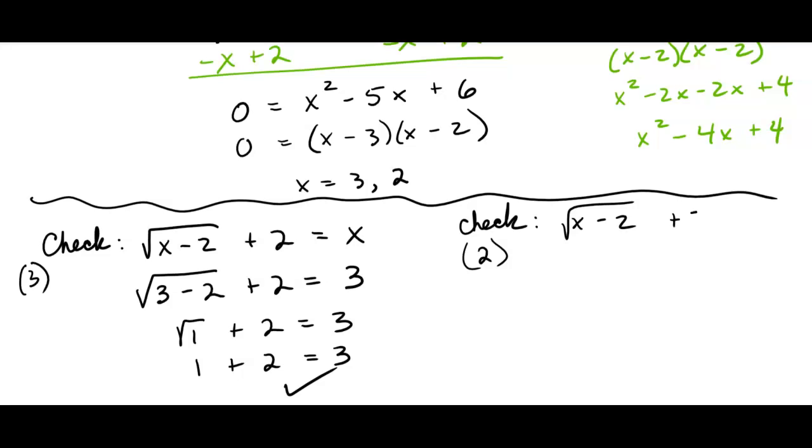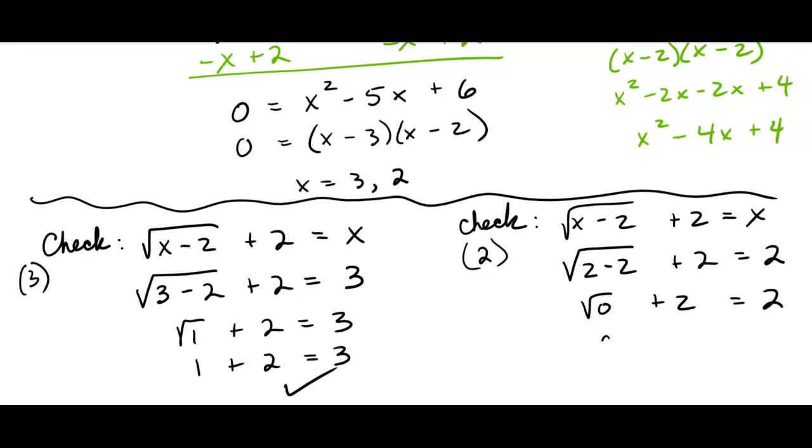So I put in 2. 2 minus 2 plus 2 equals 2. A lot of 2's. So I put in the 2's for the x's. The other two 2's were already there. Okay, so I get the square root of 0 plus 2. Square root of 0 is 0. That's okay. So 0 plus 2 equals 2? Yeah. So they both work.